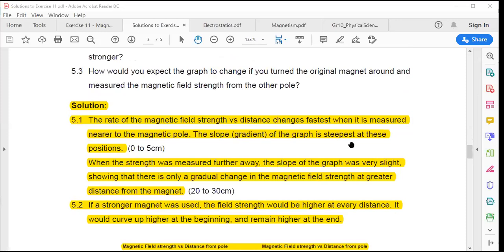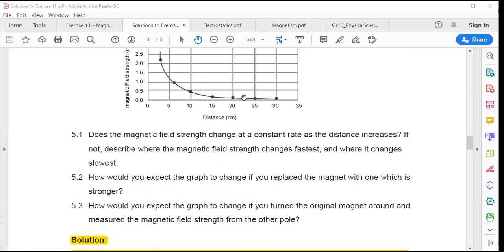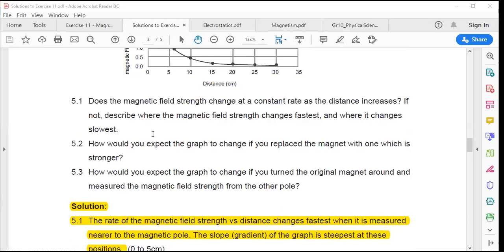So your magnetic field strength becomes weaker, showing that there's only a gradual change in magnetic field strength at a greater distance from the magnet, which is roundabout here. You can start from 15 or 10, going that way, right? The values there are reducing slowly, which means the distance from the poles is bigger.